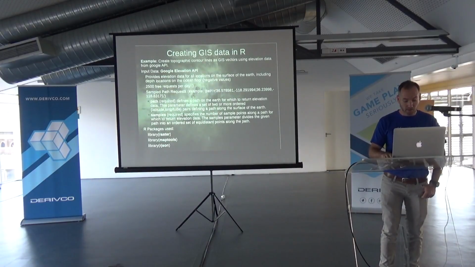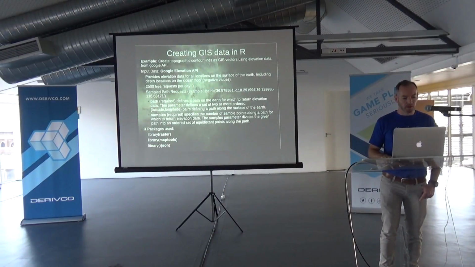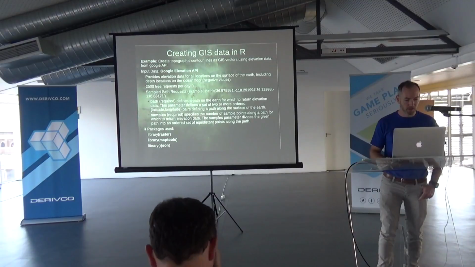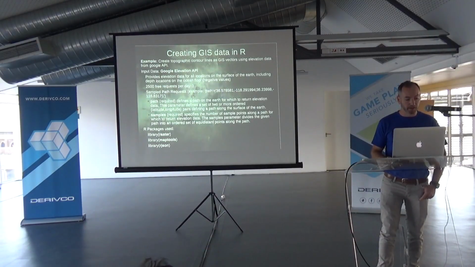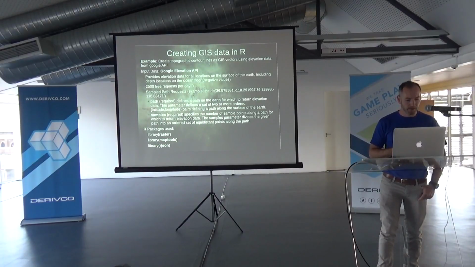Then my next example that I want to show you is creating GIS data in R. My example that I'm going to tell you about is using the Google Elevation API to create topographic contour lines as GIS vectors using this API in R. So with this API from Google, you get 2,500 free requests per day, which is quite cool.